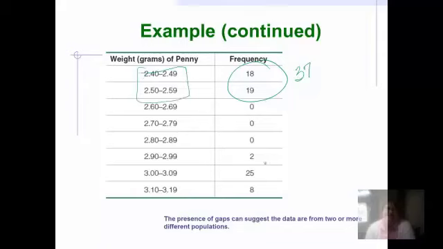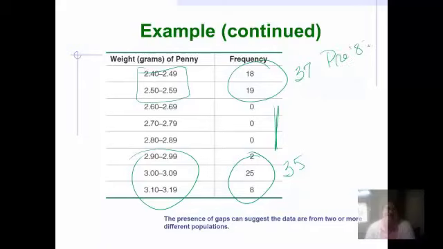We have 35 that are here in the upper end of the weights. We don't have anybody in the middle. So this tells us that these are probably the pre-83 pennies, and these are the post-83 pennies. So we have good evidence that these are actually two different populations.